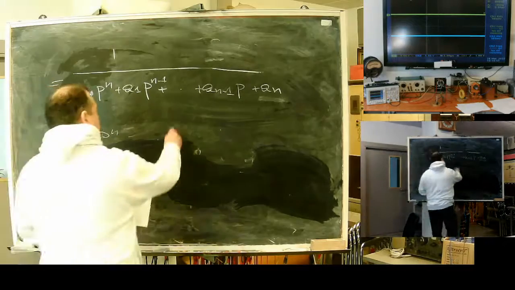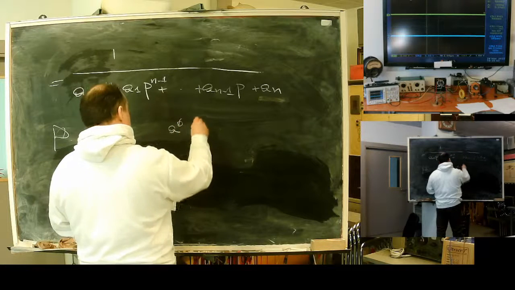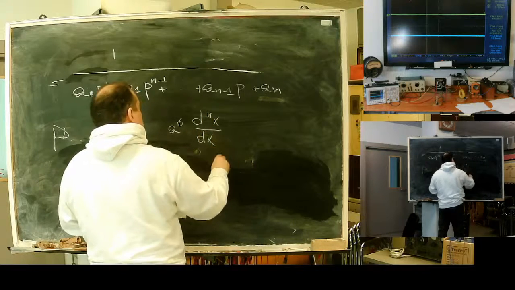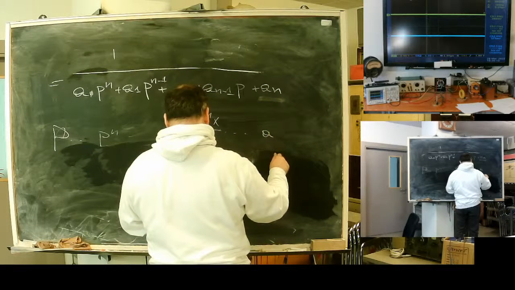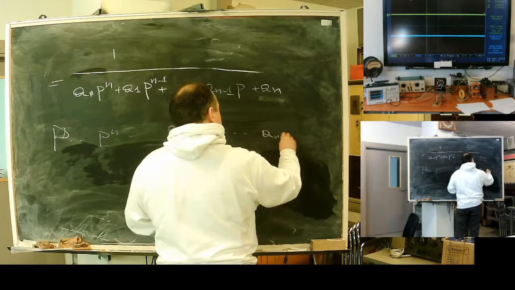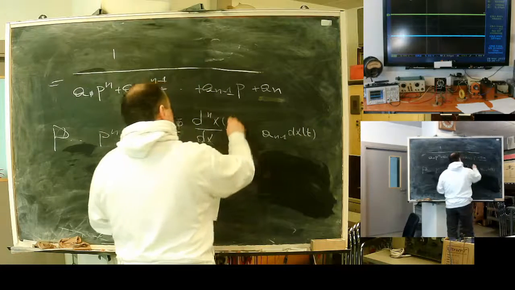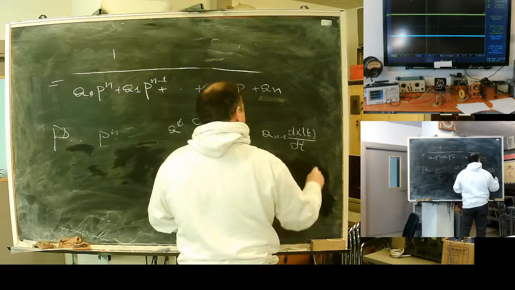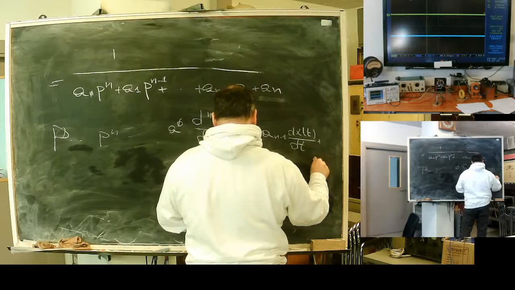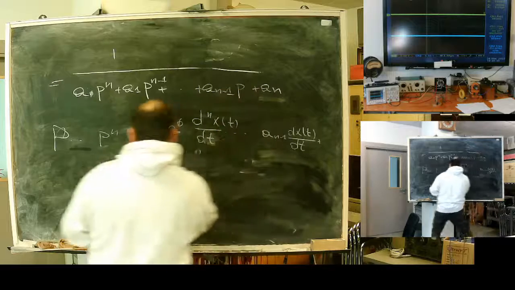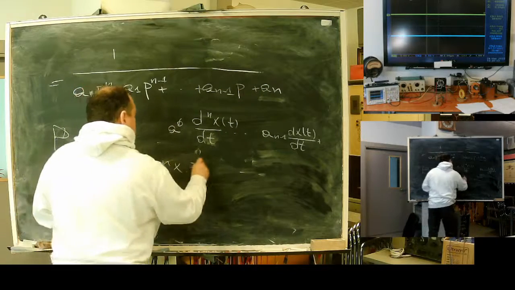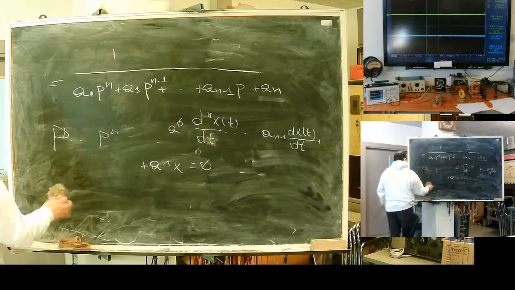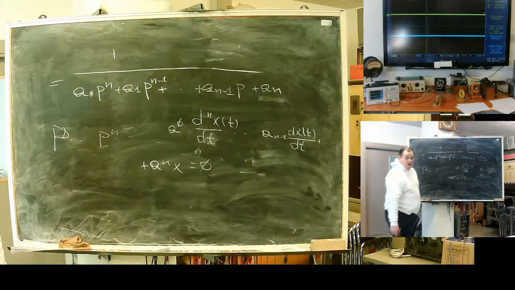If our system can be described as A0, let's say n-th derivative in time, plus, An x equals to 0, if our system can be described as a differential equation, solving this equation yields us roots.